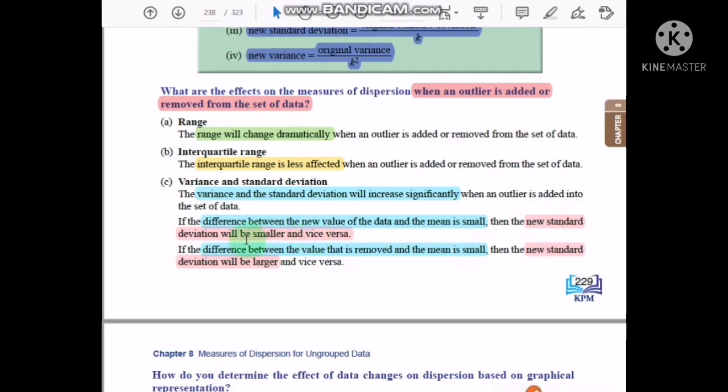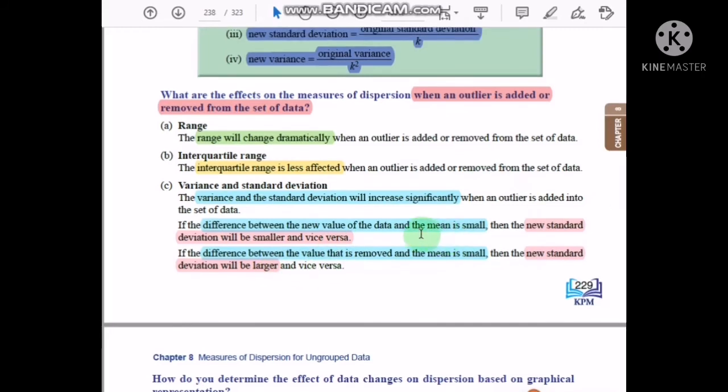And if the difference between the value that is removed and the mean is small, then the new standard deviation will be larger, and vice versa. Okay, so let's look at the next one.